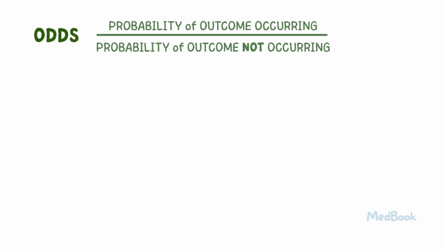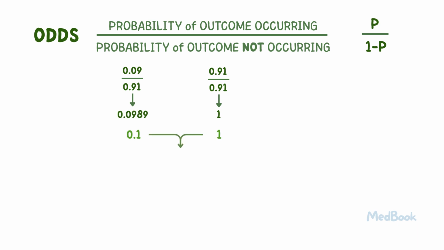Odds compare the probability of an outcome occurring with the probability of an outcome not occurring, so it's P compared with 1 minus P. So in our hypertension example, we'd use the probability of having a heart attack, 0.09, compared with the probability of not having a heart attack, 1 minus 0.09, or 0.91. Dividing both sides by 0.91, we get 0.0989 compared to 1, and rounding off we can say that it's 0.1 compared to 1, and multiplying by 10, we get an odds of 1 to 10.